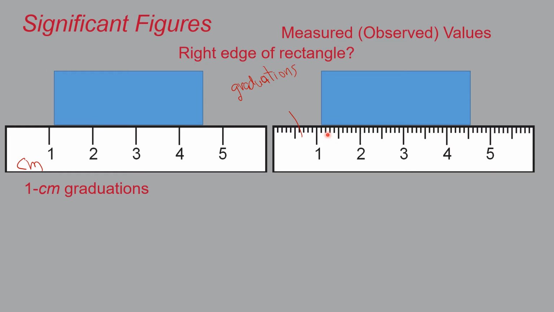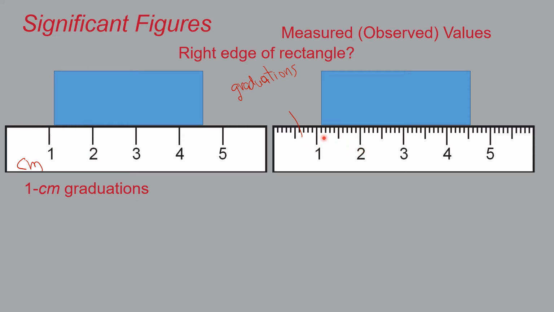So now, with that piece of information, what I want you to think about is how graduated is the other ruler, the one on the right. The idea here is that there are no lines between the 1 and the 2 centimeter marks in the first ruler. In here, there are many lines.